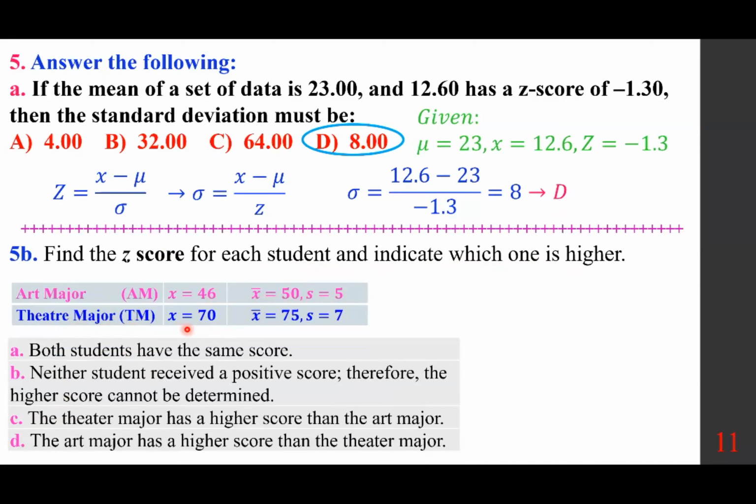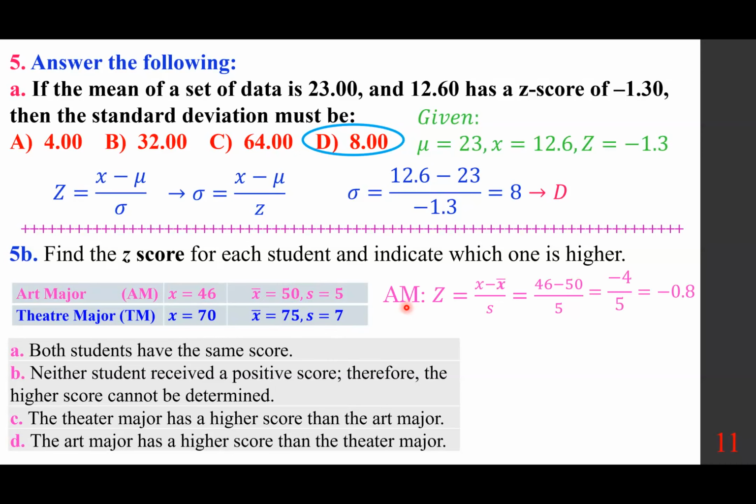And for the theater measure, X is 70, X bar is 75, S is 7, which means in order to compare two different things, we have to calculate the z-score for each case using X minus mu over sigma, or in this case, X minus X bar over S. So for the first one, 46 minus 50 divided by 5. This is for the art measure. We end up with negative 4 over 5 or negative 0.8.